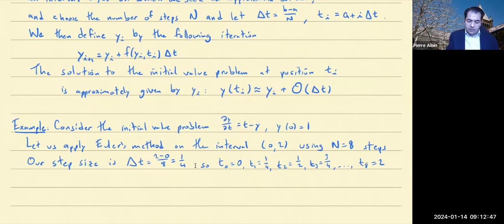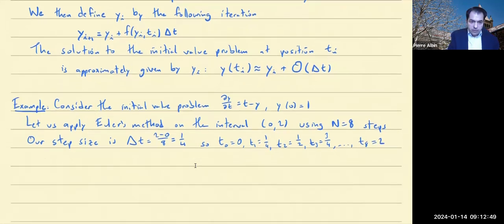To do Euler's method, we start out with y0, given by our initial condition. So it's just this constant 1. And then y_{i+1} is going to be y_i plus f(y_i, t_i) times delta t.